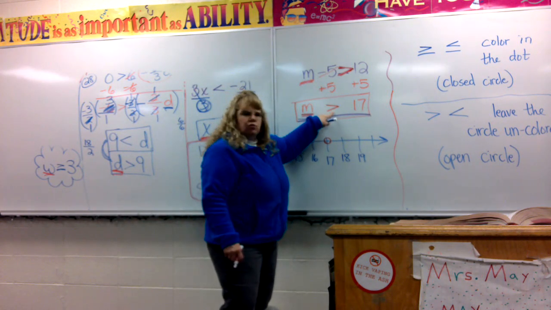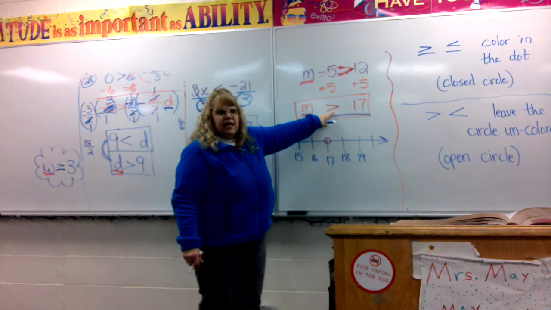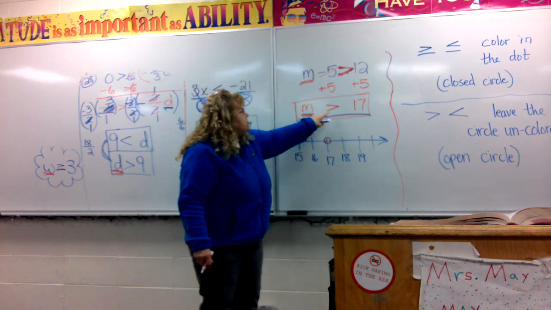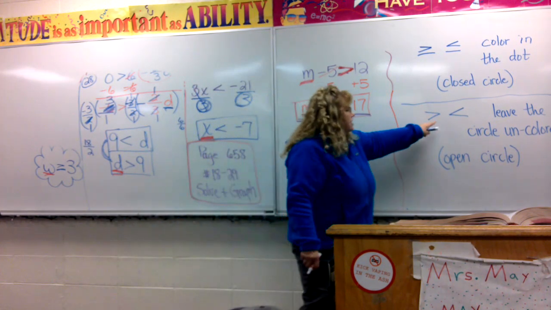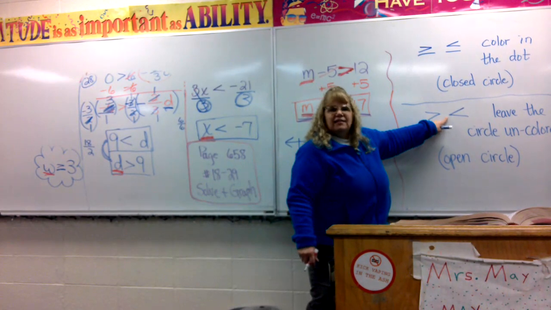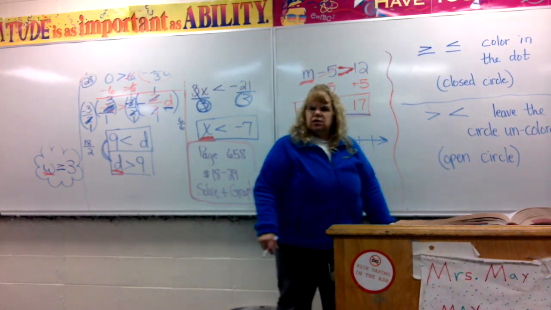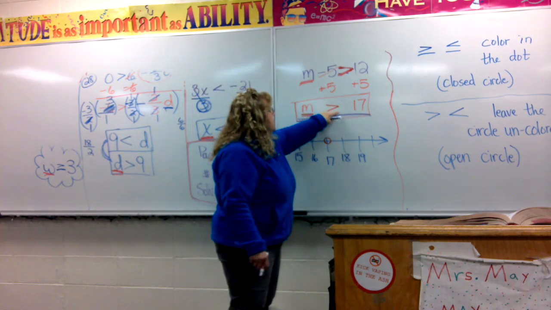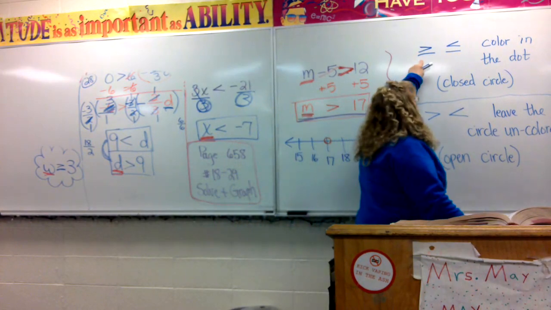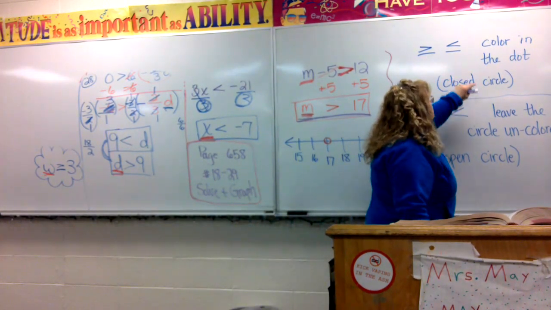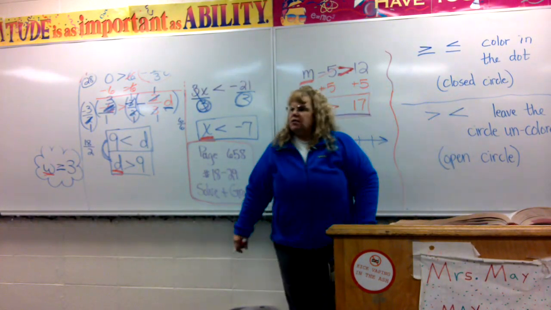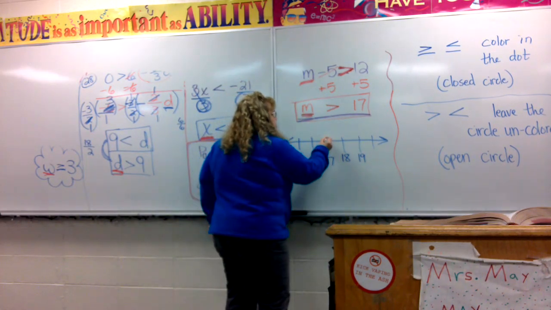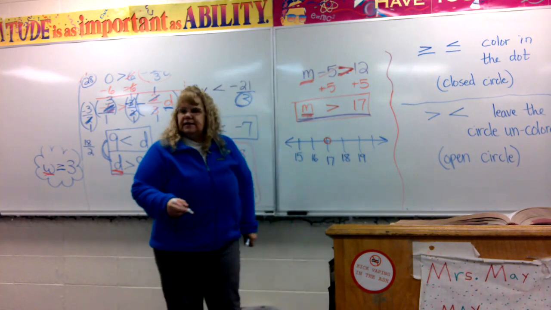If it's just greater than or just less than, you leave it. You do not color it in. That's called an open circle. If there's an equals underneath there, if it's greater than or equal to, less than or equal to, then you color in the circle. That's called a closed dot. Well, this one's just greater than, so we're just going to make our circle and not color it in.